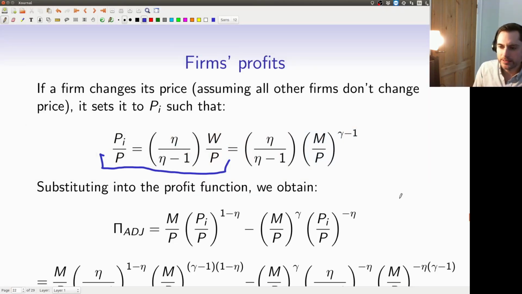Sorry about that. Anyway, this is just coming from the firm's optimization problem as before, and then here we're making a substitution. We're substituting in m divided by p to the power gamma minus 1, because we got this from the last slide.